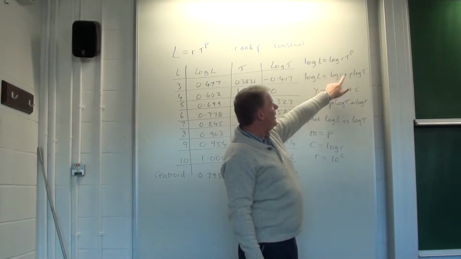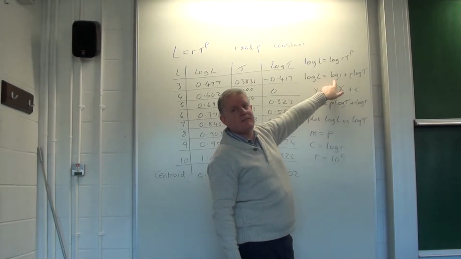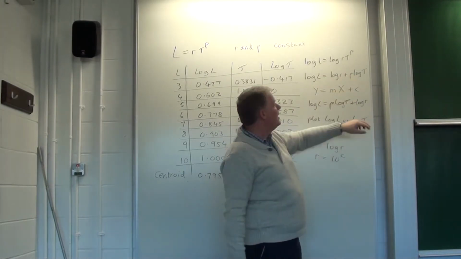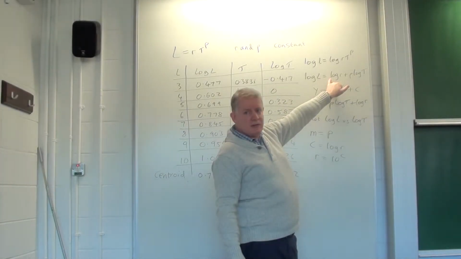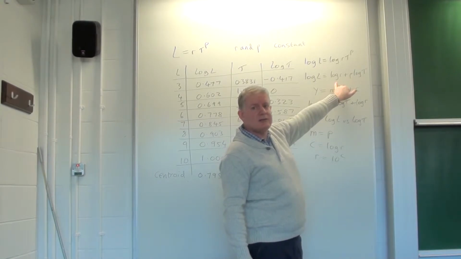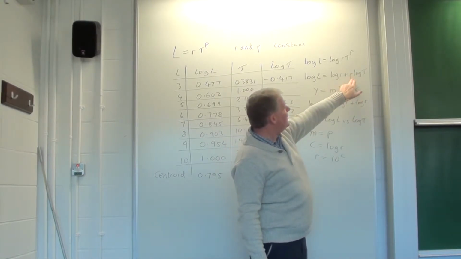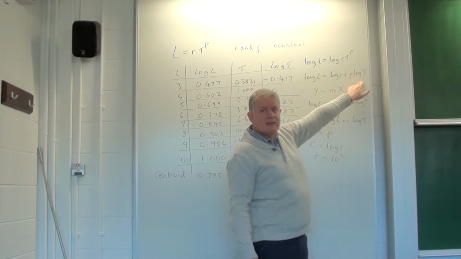Well, log R is a constant, so the log of the constant is just a constant. It doesn't alter much. There's nothing else associated with it. So that is your y-intercept. Similarly, P is a constant times log T. Log T is a variable.